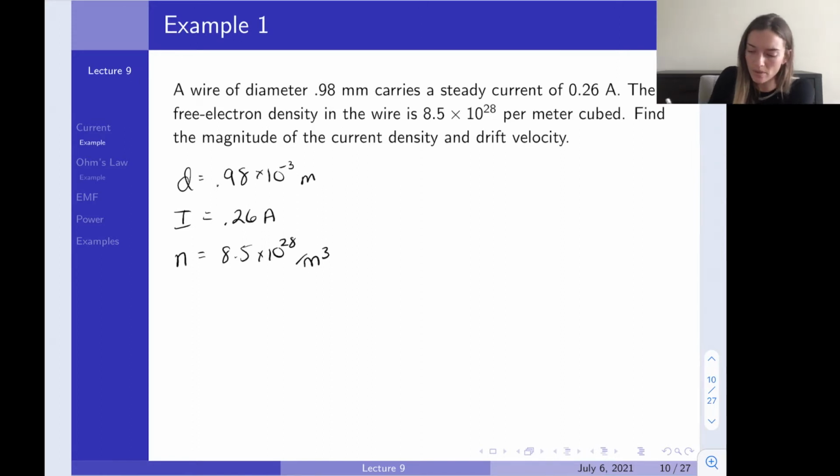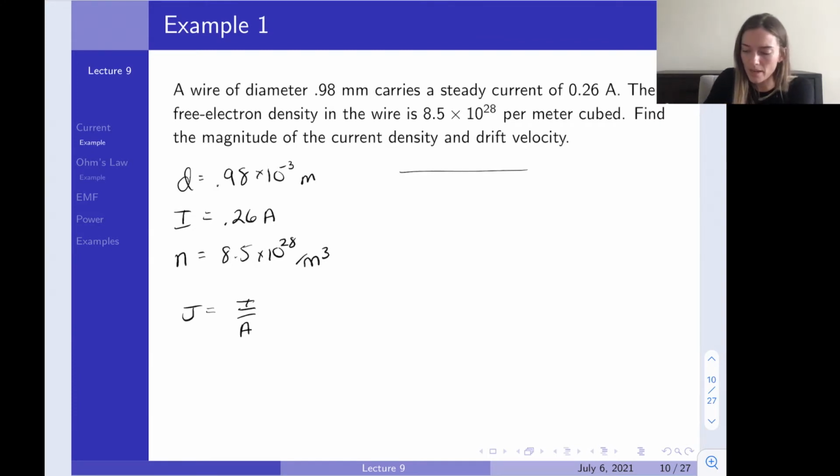So our current density we can find using this equation, right? Because our current density is just the current divided by the cross-sectional area. And if we have the current and we have the diameter of the wire, we can easily find its cross-sectional area.